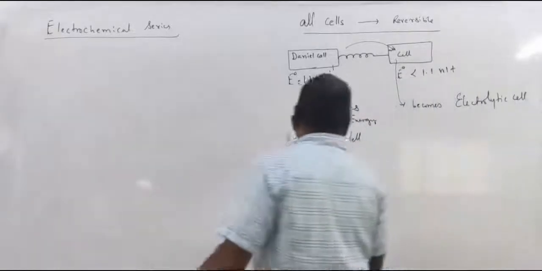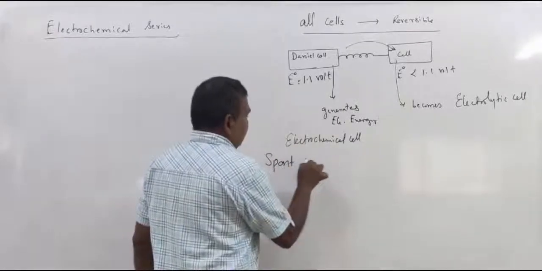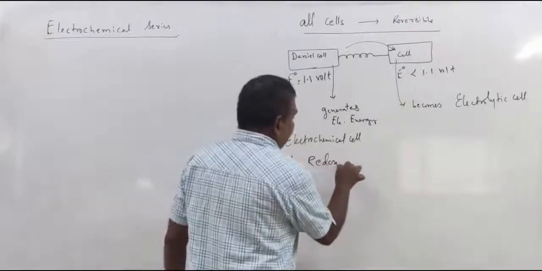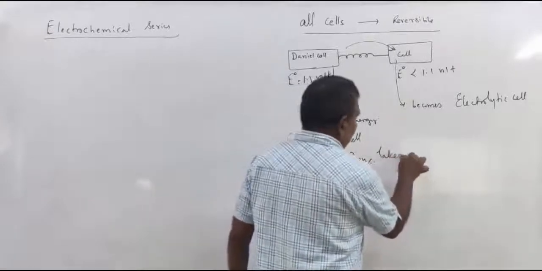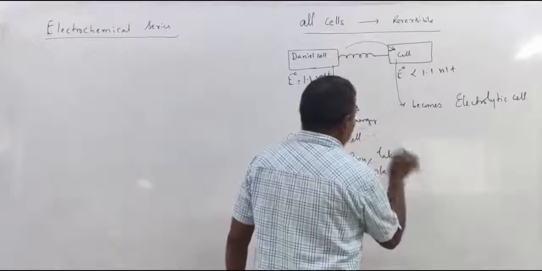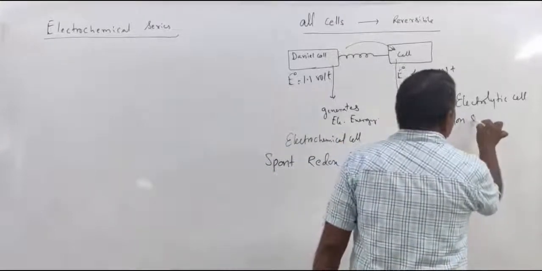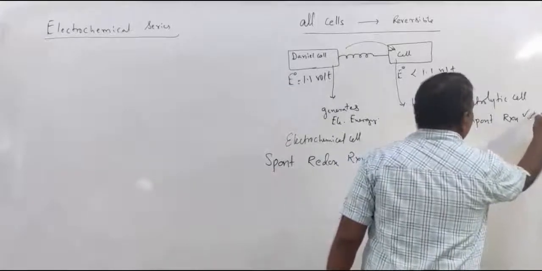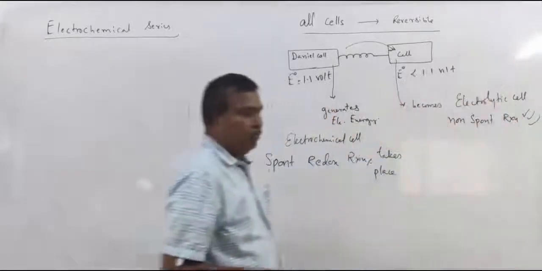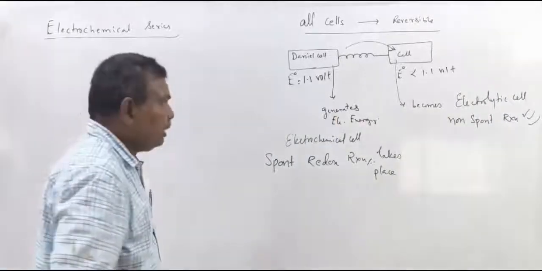Now, in the Daniell cell a spontaneous redox reaction takes place, and in this cell a non-spontaneous reaction takes place. Clear?